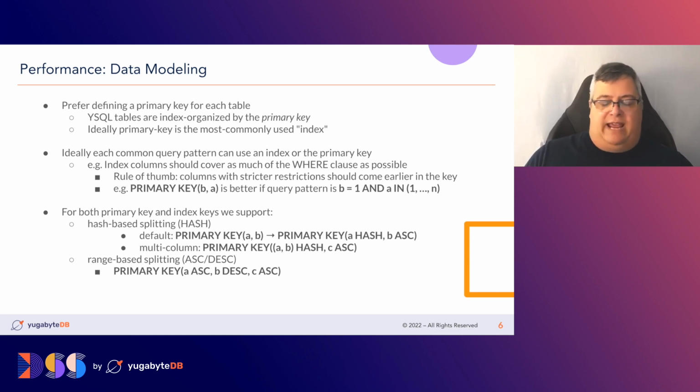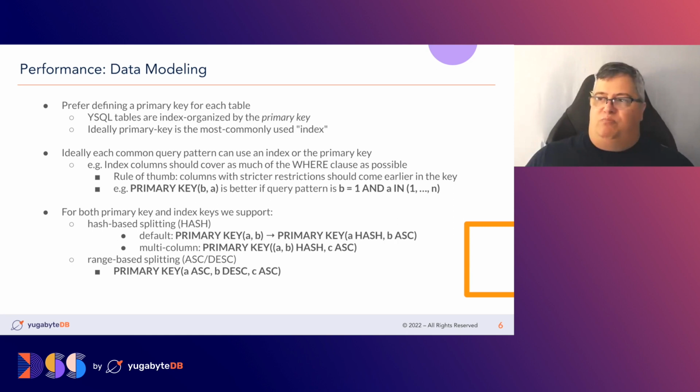For both primary and secondary index keys, we support two kinds of splitting. The first is hash splitting. This is the default. The first column in every key is defined to be the hash key, unless you explicitly use an ascending or descending designation on it. So in a normal index definition, if you're coming from another database system like Oracle, SQL Server, DB2 or MySQL, we will assign the first key as being the hash key.